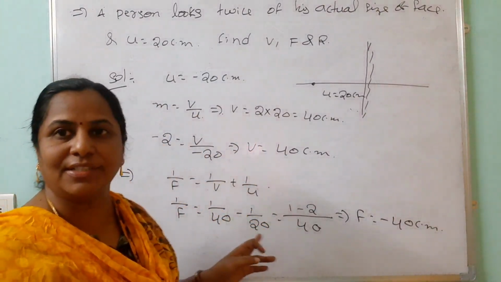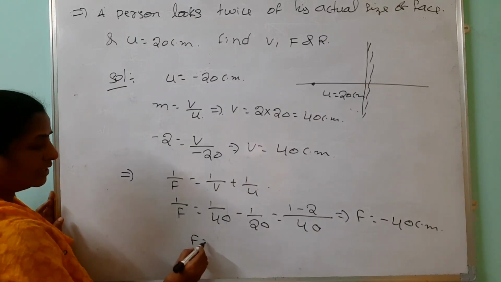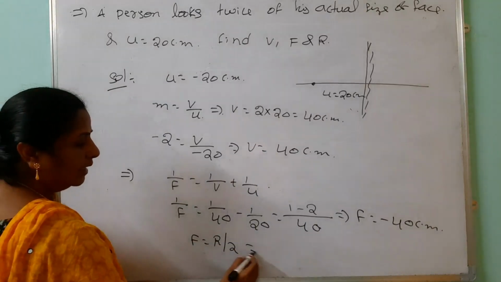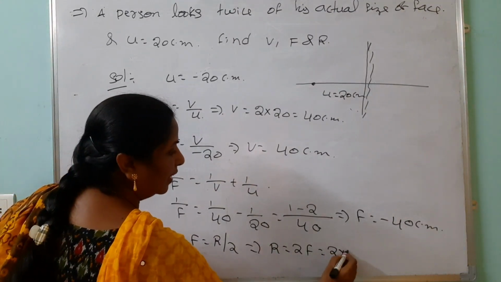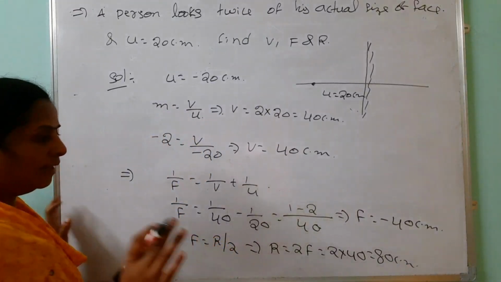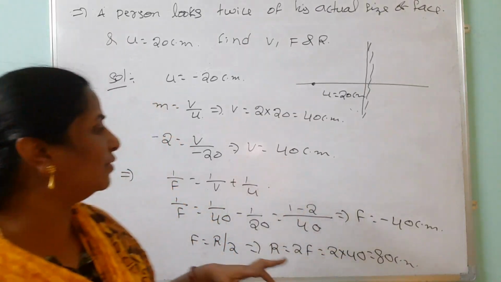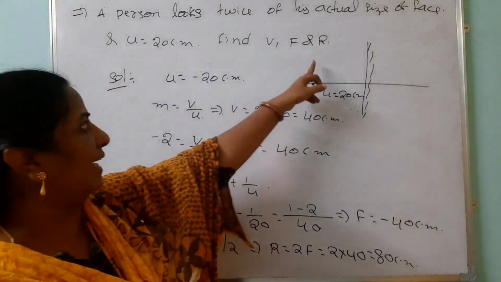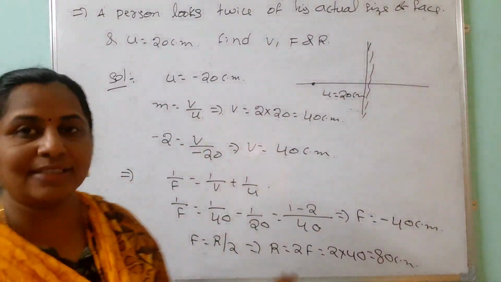Then the radius of curvature, it is positive. We are taking r equals, you remember that f equals r by 2. Then r equals 2 times the focal length. So 2 into 40, how much? 80 centimeters. See, in a single problem, based on this magnification and object distance, we are able to find out the focal length, radius of curvature, image distance and all this. So like this they are asking the problems.